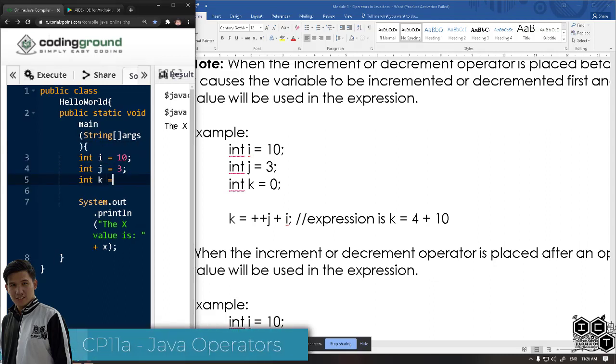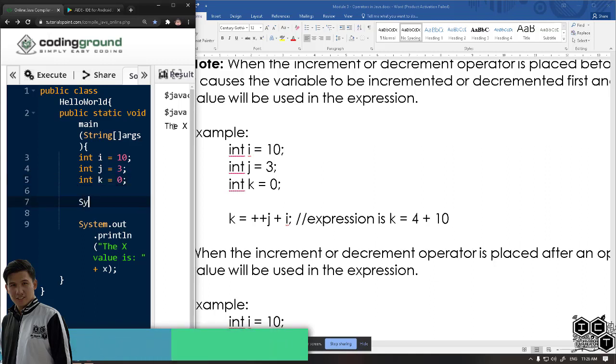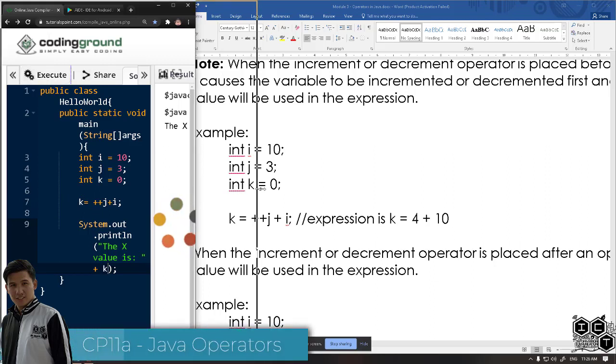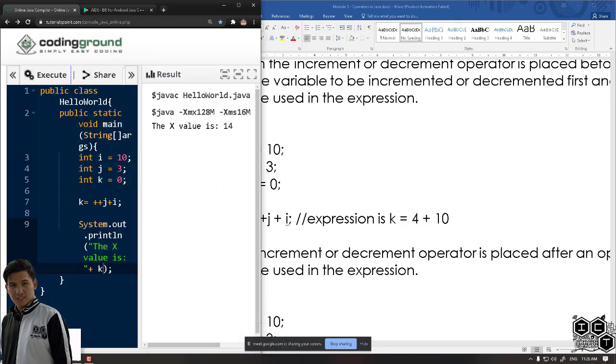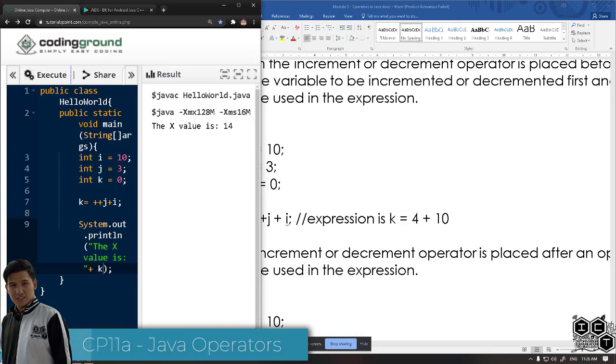Int k is equal to 0. Tapos k is equal to plus plus j plus I. Tapos let's try to see the value of k. And let's try to analyze bakit yung value ni k dito is now equivalent to 14.